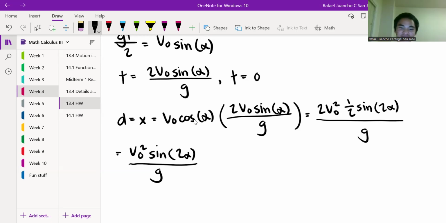Is it saying maximum? Let me see if I can wrap my head around it. Maximizes the range. It would have been nice if we had a function that describes all of these, and I could find a derivative or something.